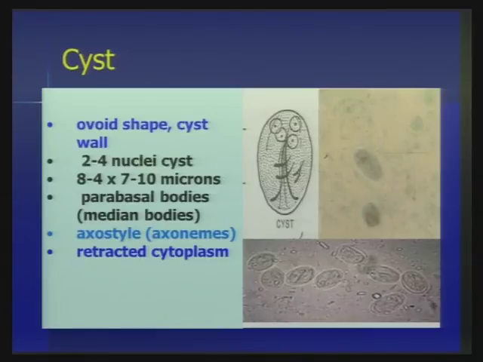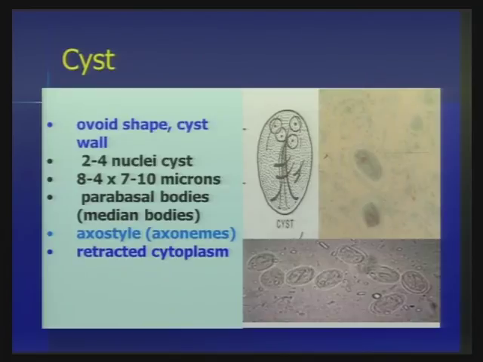Very simple and easy, oval shape. It is oval, it's not round. So it's very simple because I think there are not many protozoa that have an oval shape. And if you take a look here, the axostyle, you can see the remnant or the trace of the axostyle here.